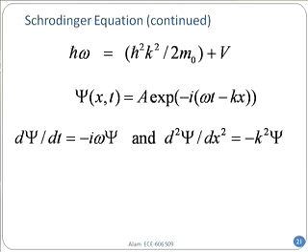Now, the first thing is that, remember, I have just copied the last equation from the last slide. H omega is h bar squared k squared divided by 2 m naught plus V. Now let's assume, and this is out of the blue, no reason for this particular assumption, but let's assume that there is a function called psi, which is a wave function, that is given by, like a wave, an electron wave, e to the power i(omega t minus kx).